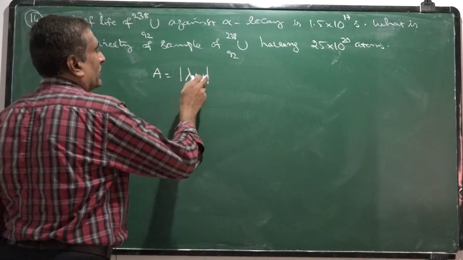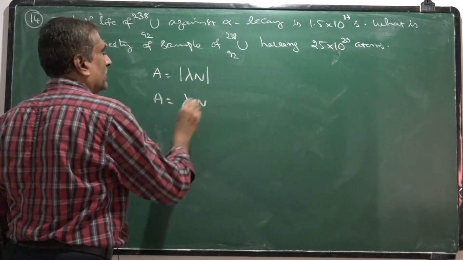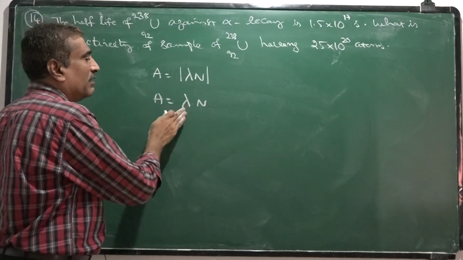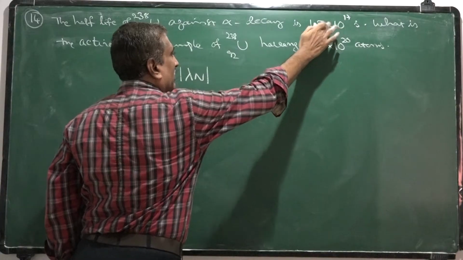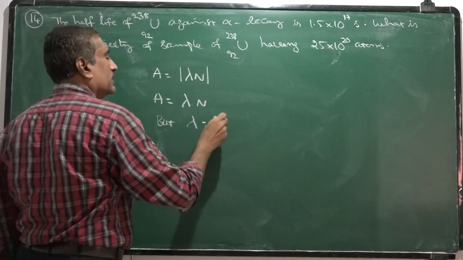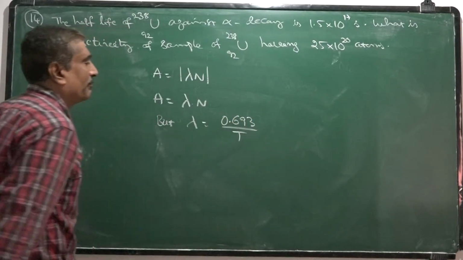So A = λN. In this problem, λ is not directly given; we have to calculate λ from the half-life. The decay constant is equal to 0.693 divided by the half-life.